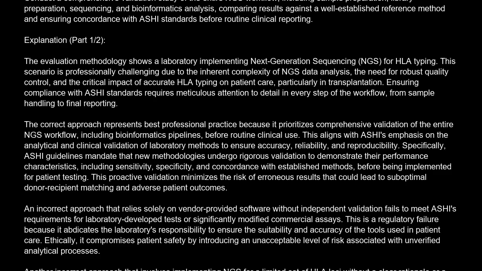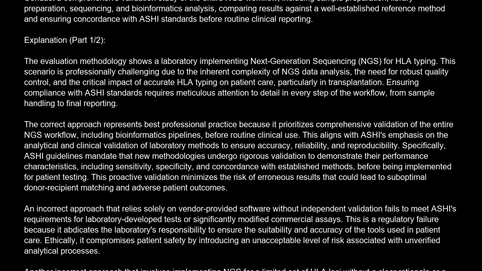The correct approach represents best professional practice because it prioritizes comprehensive validation of the entire NGS workflow, including bioinformatics pipelines, before routine clinical use. This aligns with ASHI emphasis on the analytical and clinical validation of laboratory methods to ensure accuracy, reliability, and reproducibility.